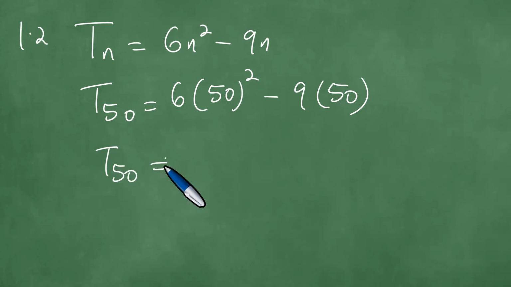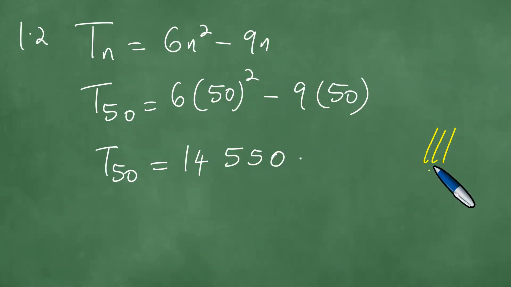So you do all this, and T sub 50 equals 14,550. That is the answer. If you use a calculator, you get that answer. Next question.